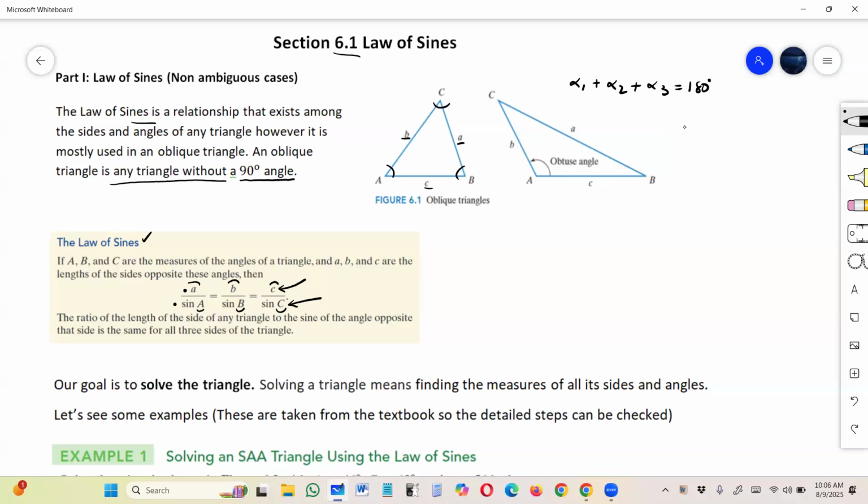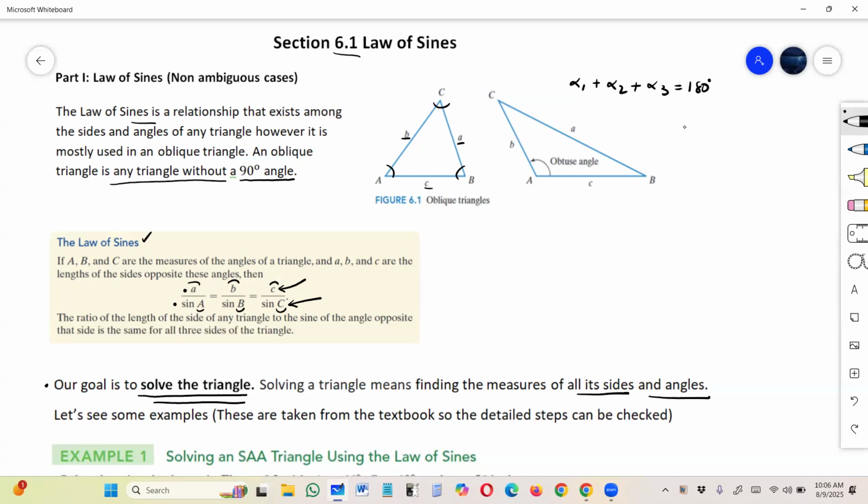Our goal in whatever problem we're going to be doing in this section is to solve the triangle. When we say solve the triangle, we mean that we have to find all the sides and all of the angles of the respective triangle.